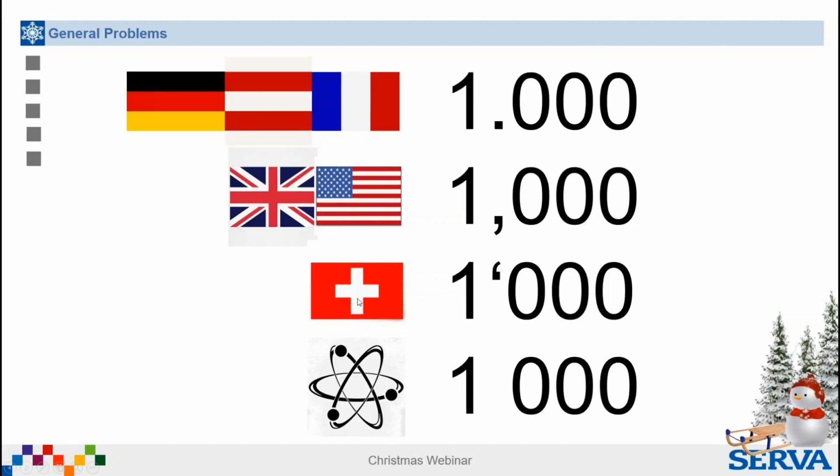Very special is Switzerland. They use a reverse comma there. And our recommendation is, of course, with the flag of science: do not use points, commas, or else. Just write the numbers with a space in between.